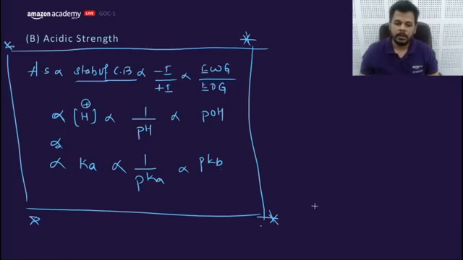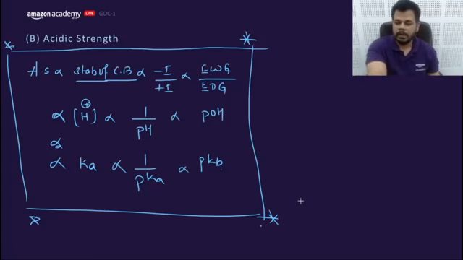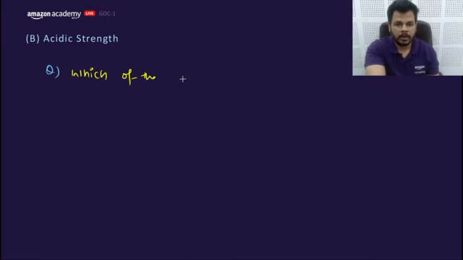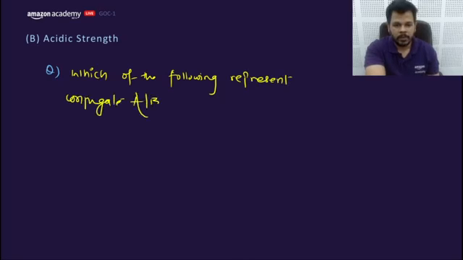Got my point? Let's move to the next part, considering acidic and basic strength. Which of the following represents a conjugate acid base pair?